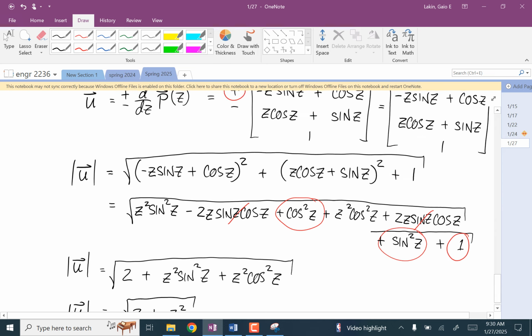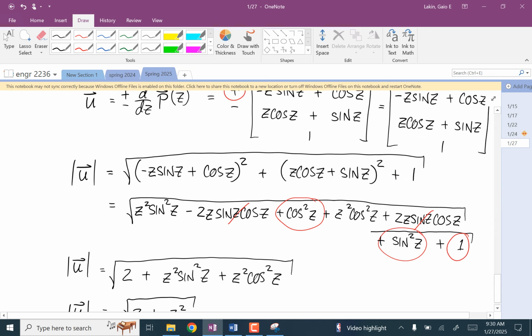So now the velocity vector is just equal to the speed times this unit vector. So I'll write this as 5 times negative z sine z plus cosine z, and then divided by this, I'll write that as 2 plus z squared to the negative 1/2, just to set it up for easy derivatives.